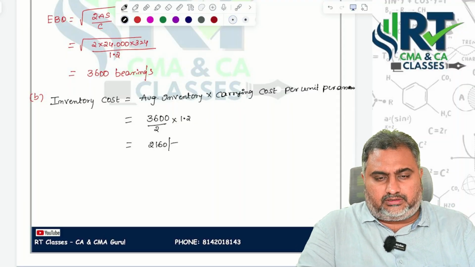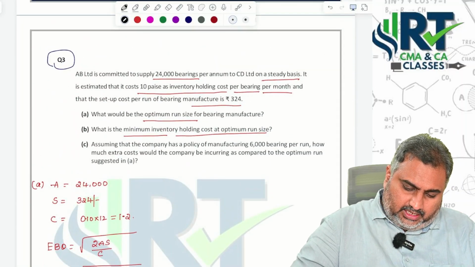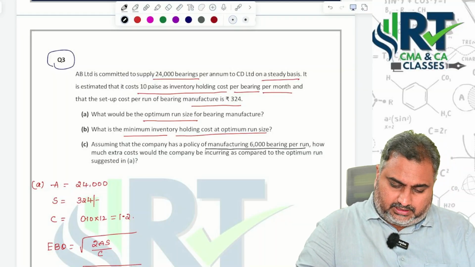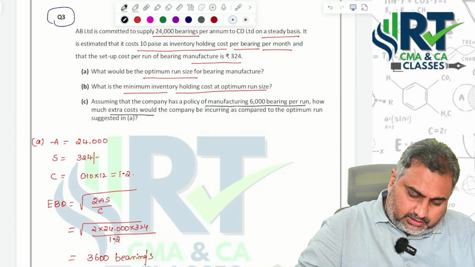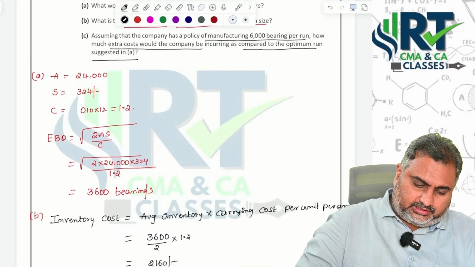So this is what's our minimum inventory carrying cost. Assuming the company has a policy of manufacturing 6000 bearings per run, how much extra cost the company could be incurred as compared to optimum run suggested?